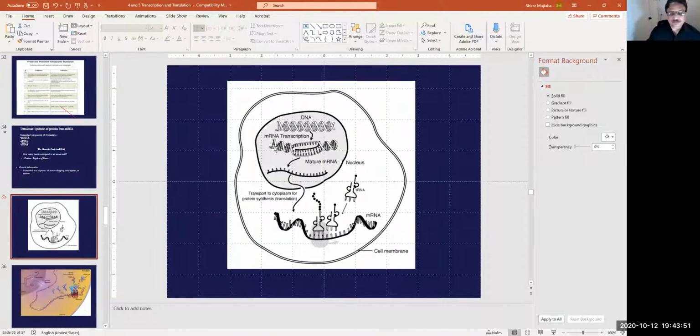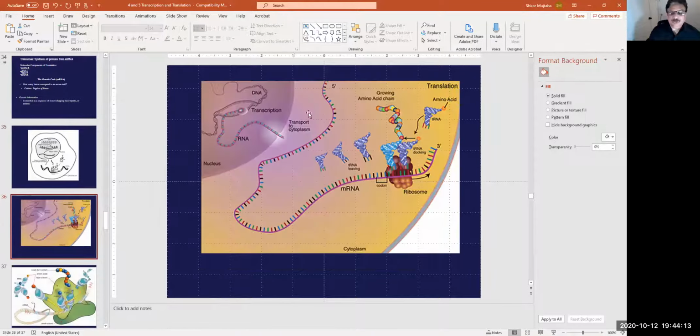So in eukaryotes, a primary transcript is formed, which is nascent, which undergoes capping, poly-A tail, then splicing. After this, the mRNA becomes mature and it is ready to go to the cytoplasm. And in the cytoplasm, it wants to meet the ribosome, right?